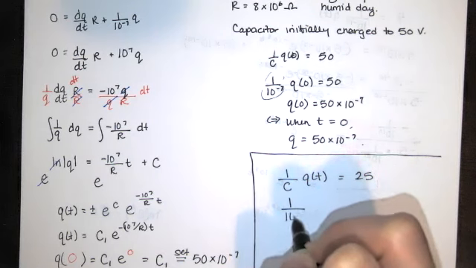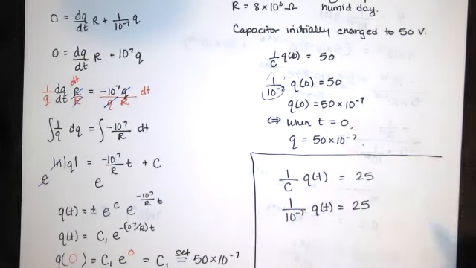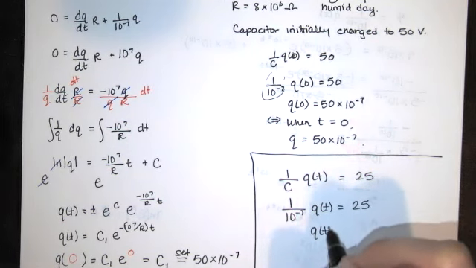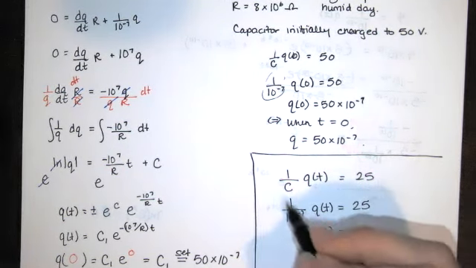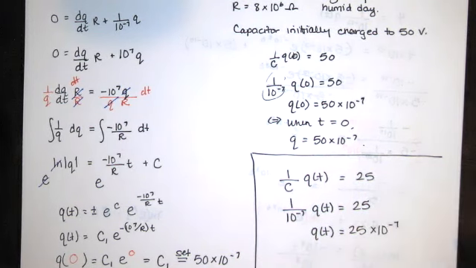And that's 1 over 10 to the negative 7. And if you want, you can multiply both sides by 10 to the negative 7. That will get rid of that fraction. You'll have that.